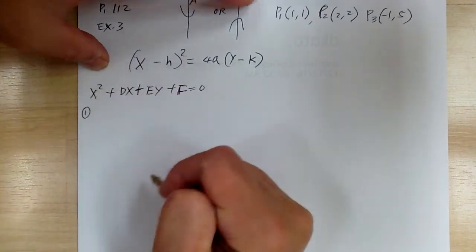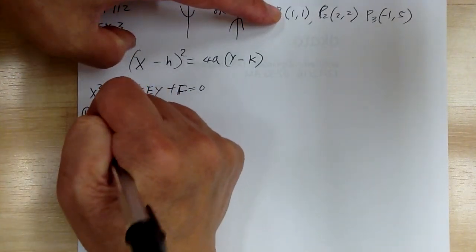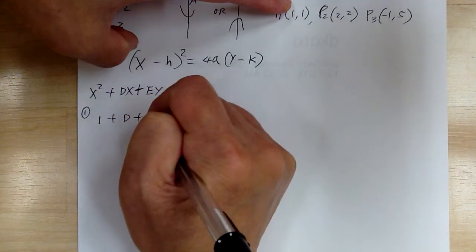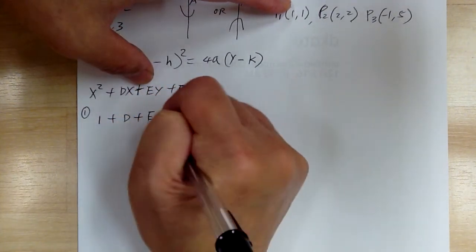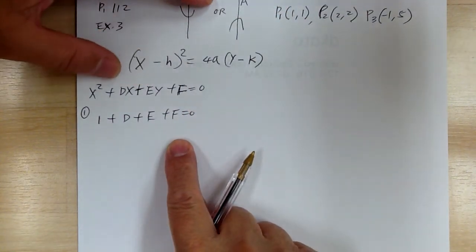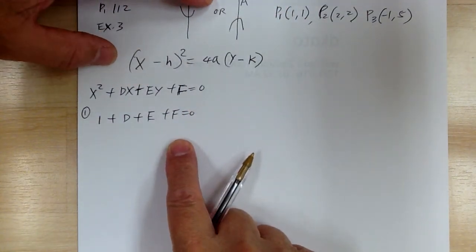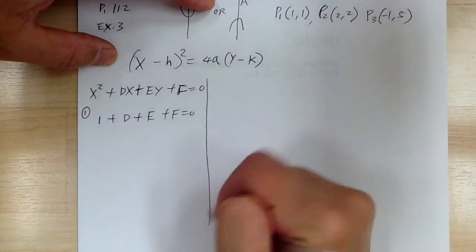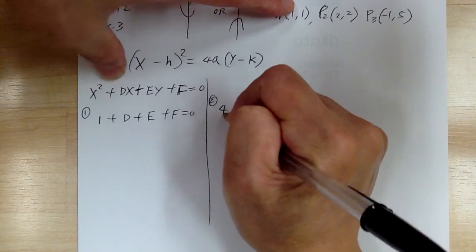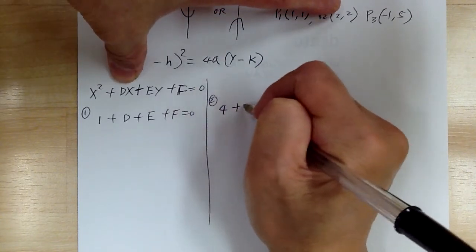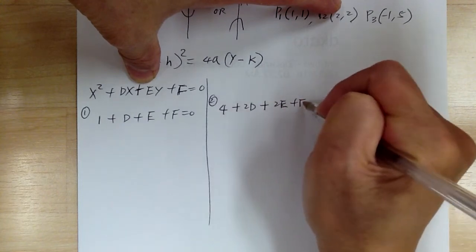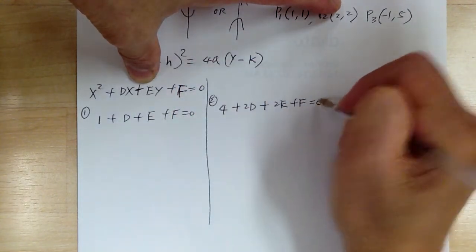So the first equation, you're going to get 1 squared plus 1d plus 1e plus f equal to 0. We did this before, right? We did this before with the 3 equations. So for the second equation, use the second point. So you're going to get 4 plus 2d plus 2e plus f equal to 0.